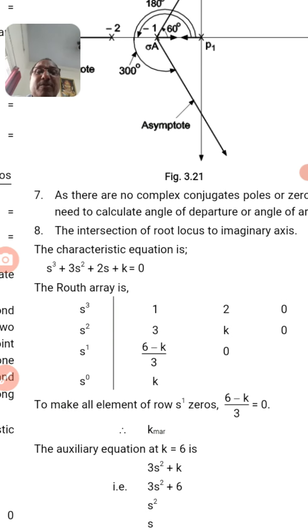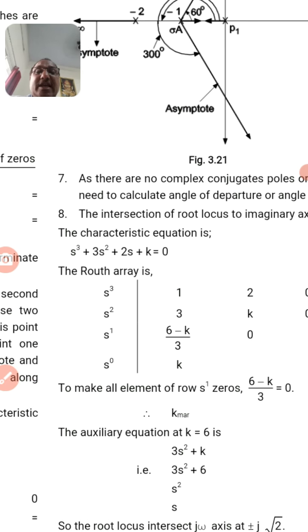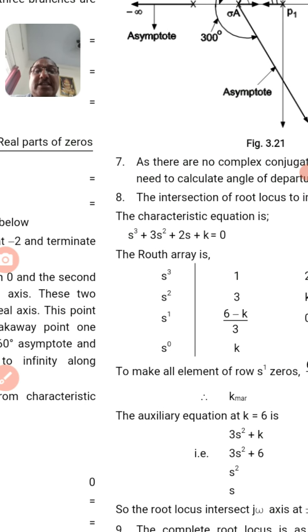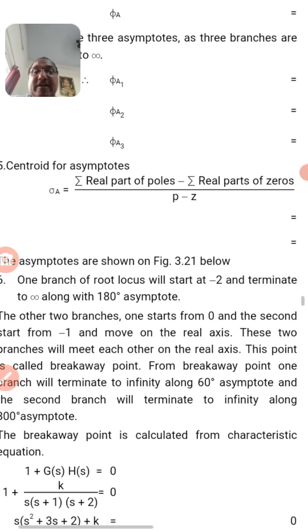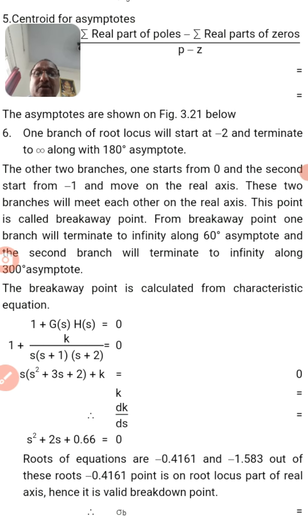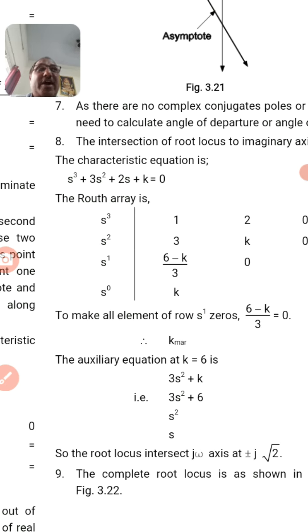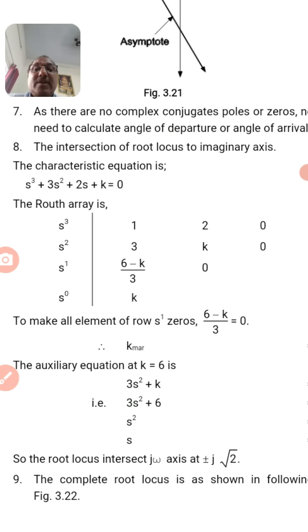The intersection of the root locus with the imaginary axis: for the characteristic equation, the Routh array is as given here. We already found the characteristic equation. Using Routh-Hurwitz criteria, we will find where this asymptote meets the j omega axis. Okay, the characteristic equation is s cube plus 3s square plus 2s plus k is equal to 0.